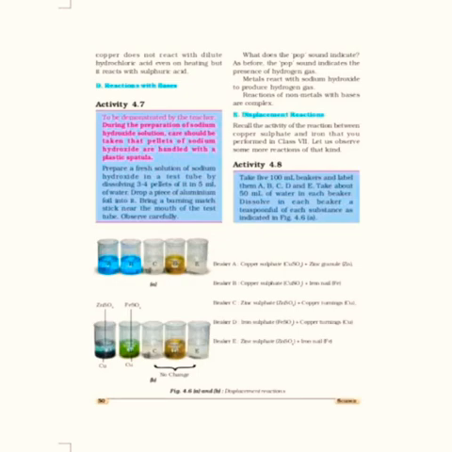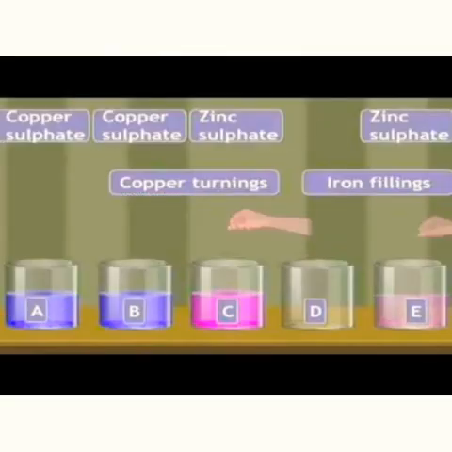The experiment requires chemicals like copper sulfate, zinc sulfate, iron sulfate, and metals like zinc, iron, and copper. As per the instructions given in activity 4.8, we have to take copper sulfate in beaker A, beaker B also copper sulfate, beaker C zinc sulfate, beaker D iron sulfate, and beaker E zinc sulfate.